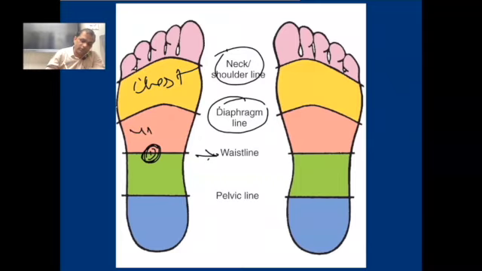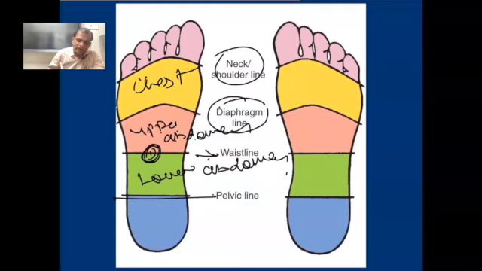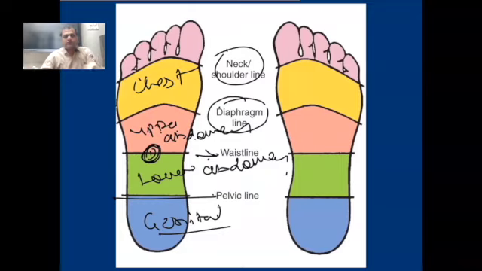So we have the upper abdomen and lower abdomen, and now the pelvic line, and we can tell this is the genital area or the pubic area. In that way, this is a very easy system and everyone can learn.